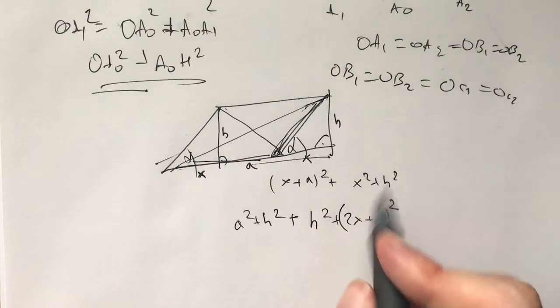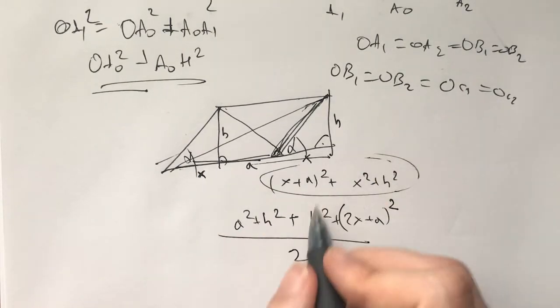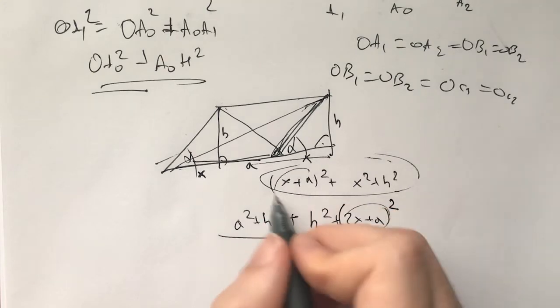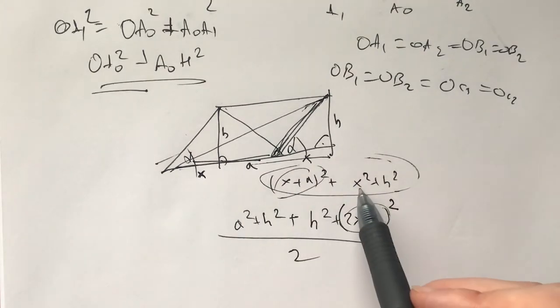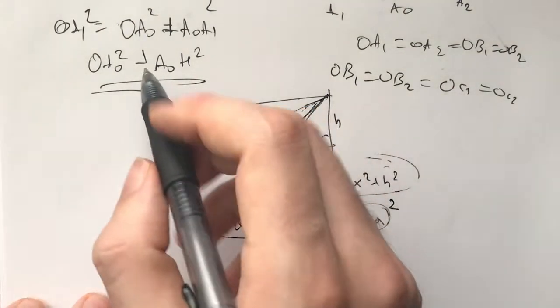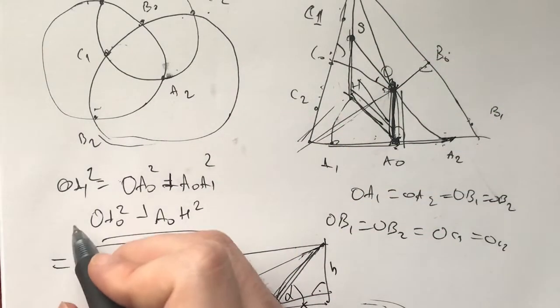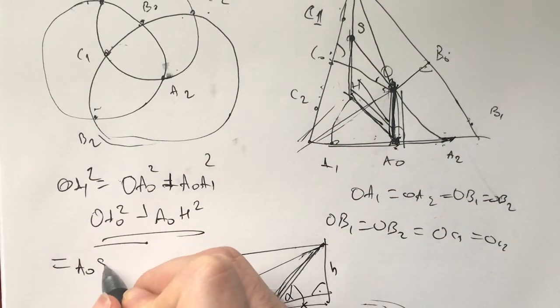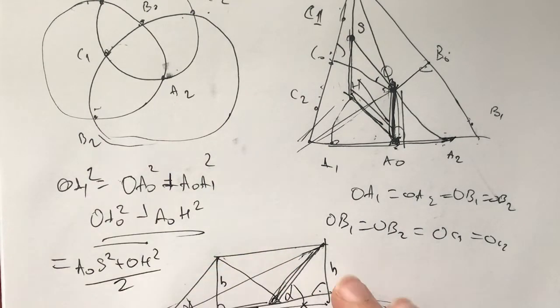Oh, maybe divided by, oh yes, so this over 2 will be equal to this. I have 4xa, I have 2xa, and a squared twice, yes, I have x going 2 times here, 4 times here. Yes, so we know this is equal to the sum of the squares of the diagonals, which is A0S squared plus OS squared over 2.